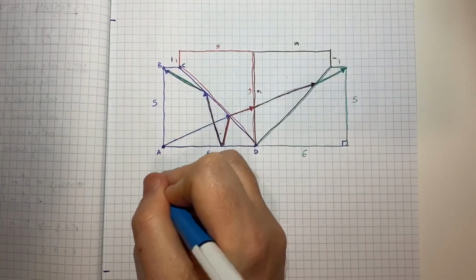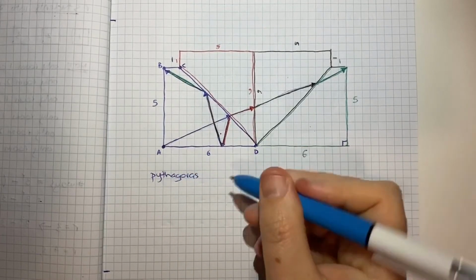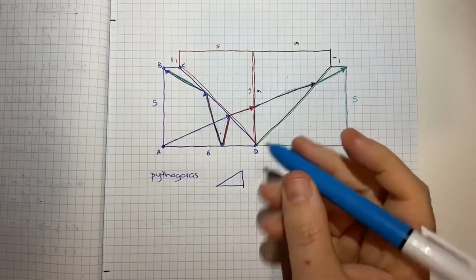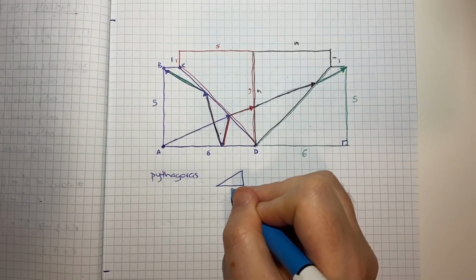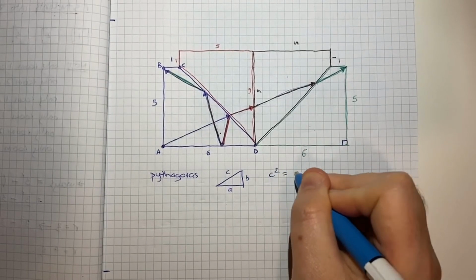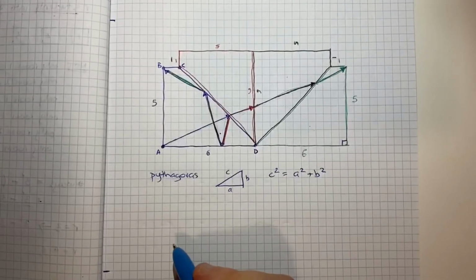And you may know from Pythagoras' theorem that if you have any right-angled triangle, and if you label the sides A, B, and C, what we know is C squared is equal to A squared plus B squared. That's Pythagoras' theorem there.